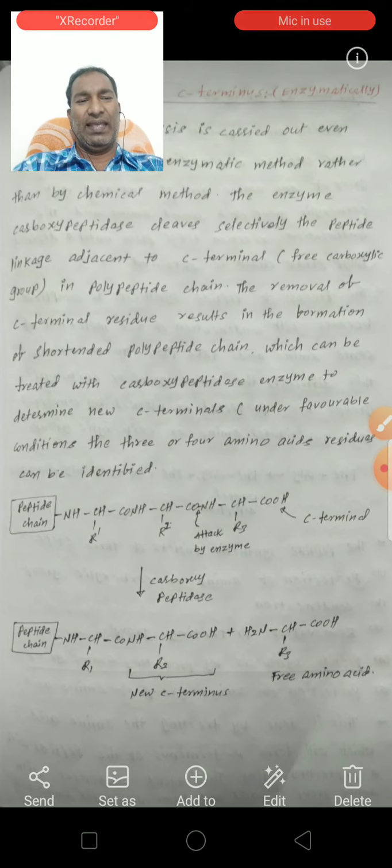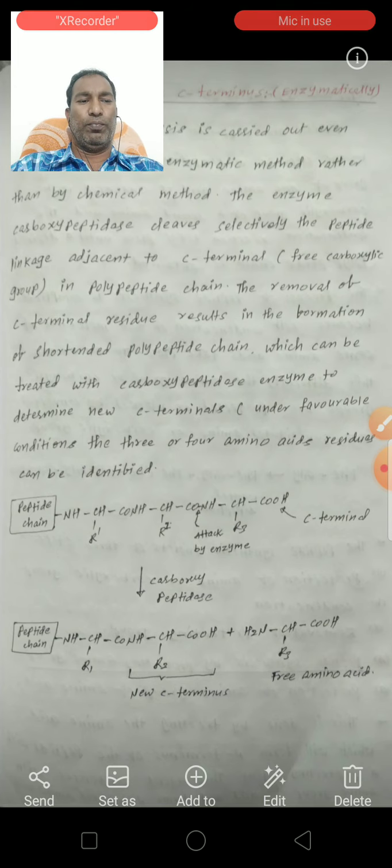C-terminus analysis is carried out even more efficiently by the enzymatic method rather than by the chemical method. The enzyme is carboxypeptidase. The carboxypeptidase enzyme selectively cleaves the peptide linkage adjacent to the C-terminal, that means the free carboxylic group in the polypeptide chain.